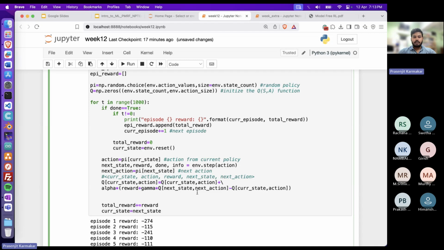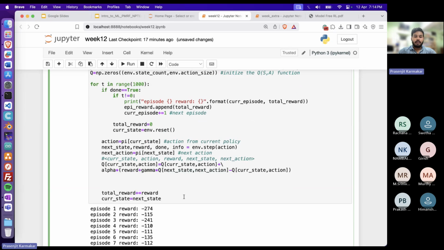Now based on this, I can update my pi. So the pi update would be pi of current state has to be updated with an epsilon greedy policy from Q, over all the possible actions.